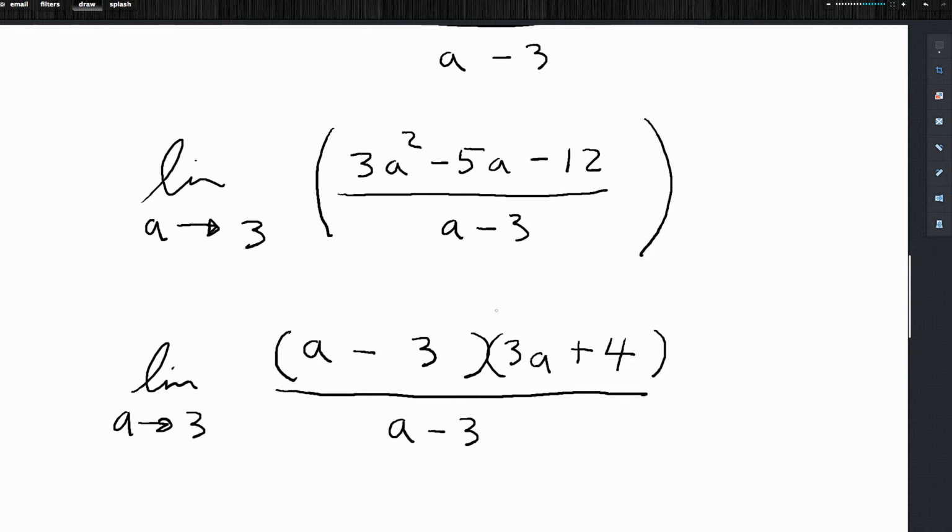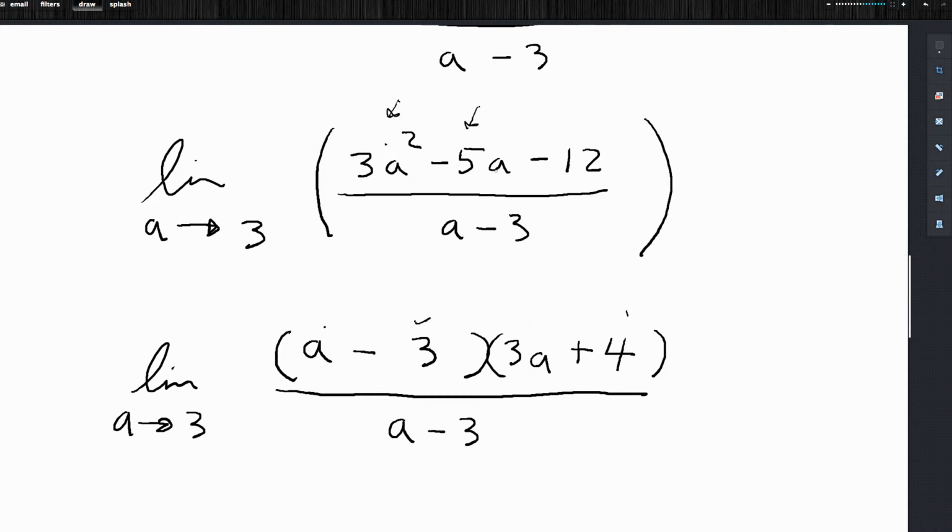If I take a times 3a, let's check it out. See, a times 3a definitely gives me 3a squared here, right? Now if I take 4a minus 9a, that definitely gives me minus 5a. So these two terms are correct. And minus 3 times 4 gives me minus 12. Okay, so it's correct.